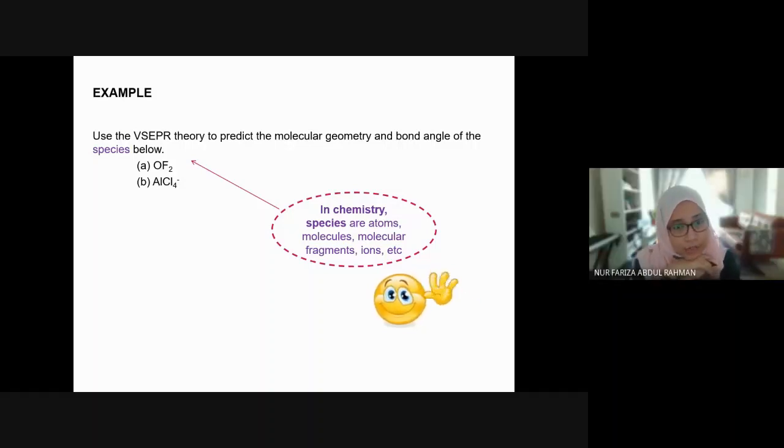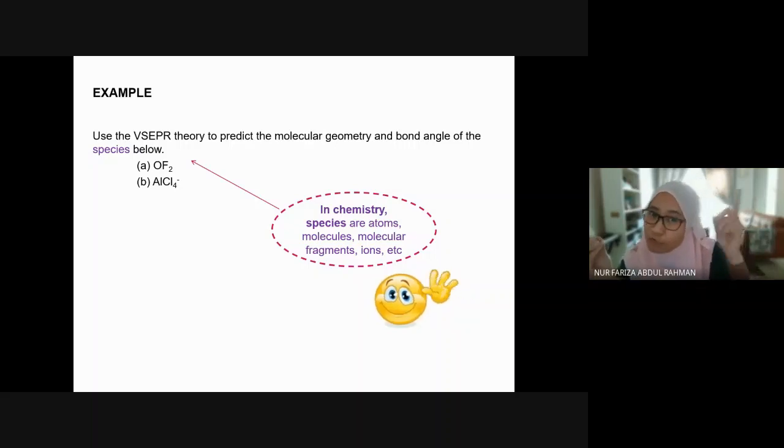Okay, there's no calculation because as of now, we do not make it compulsory for you guys to specify the angle, especially for molecules having lone pair. Okay, so definitely if we have lone pair, it will affect the bond angle. Tapi kita tak wajibkan you specify what will be the bond angle.